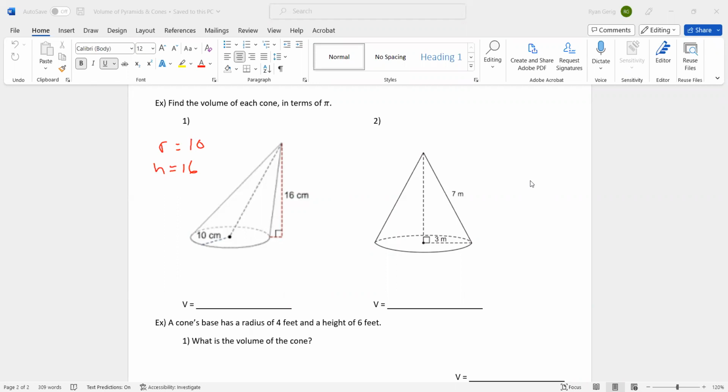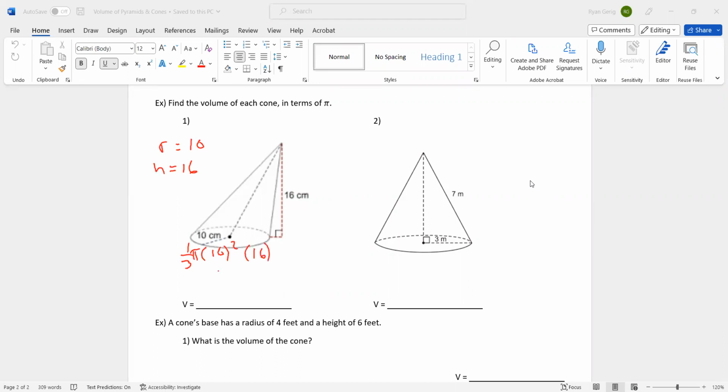All right, so 1/3, don't forget that, pi, radius is 10, times the height, which is 16.